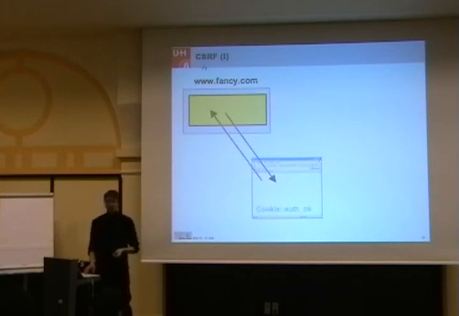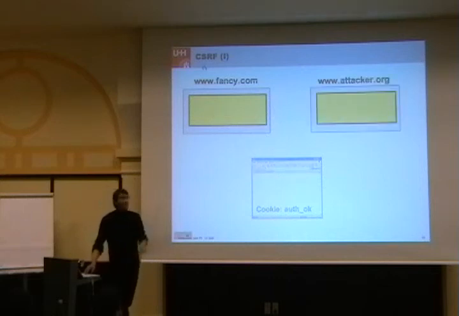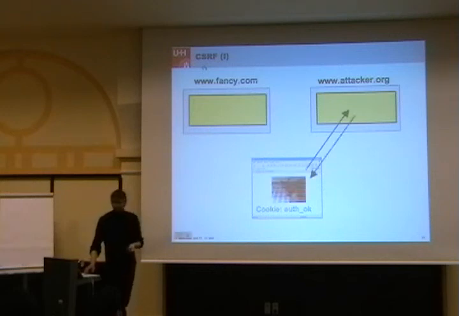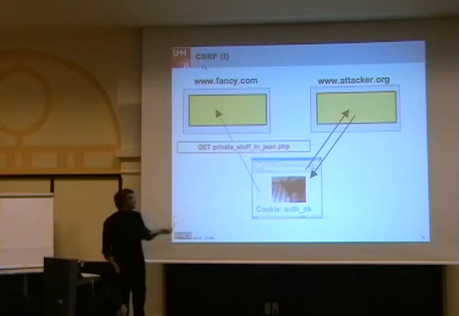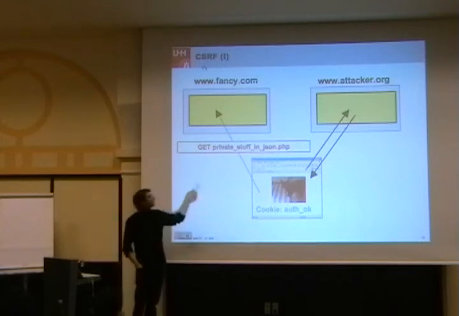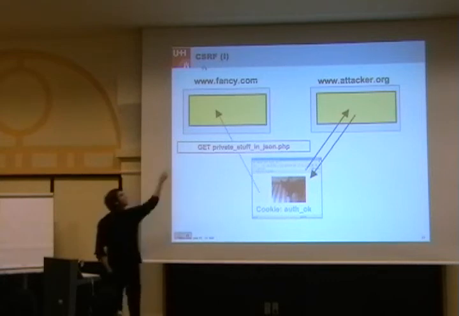And we're doing our authentication and looking at our email, for example. And then somebody else tells us again about this beautiful cat. So we go to the cat page. And again, we have the hidden element that is doing the request. But now the hidden element doesn't try to do anything state changing at the fancy.com web server.